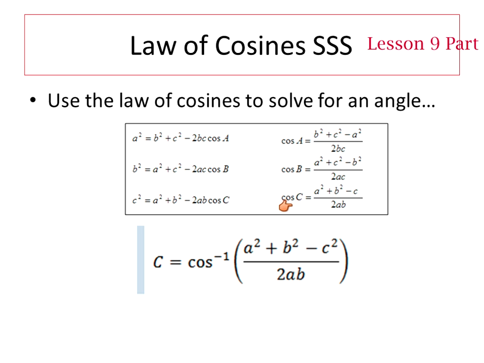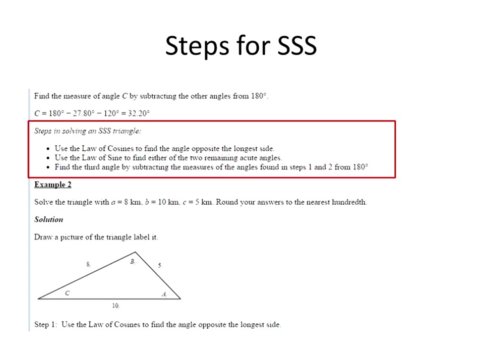So in order to solve for an angle C, we will take the inverse cosine of a squared plus b squared minus c squared over 2ab. So that's how you solve for an angle using these formulas.